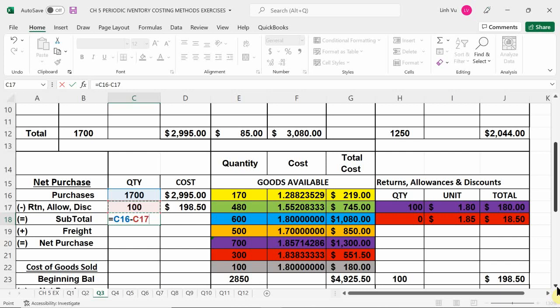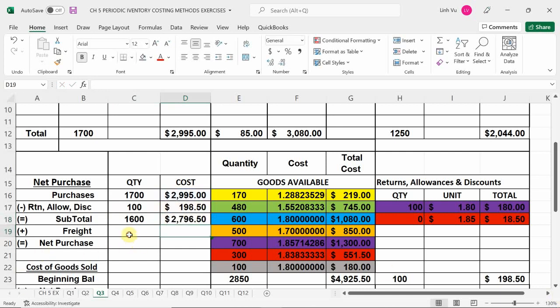So in this case, I should have a total of 1,600 units left at a grand total cost of $2,796.50. Okay. Freight, once again, adds 0 to quantity, but I have to add $85 to my cost. So I'm still at 1,600 at a new total cost of $2,881.50. Okay. So this is just my purchases.